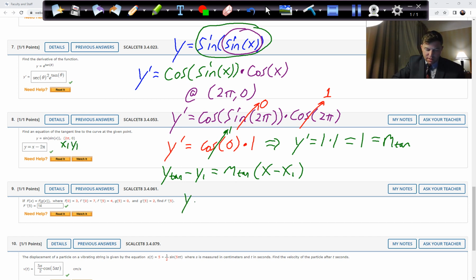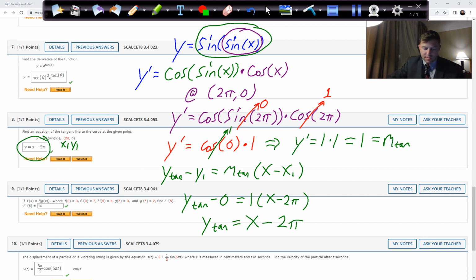So the equation for the tangent line: y minus 0 has to equal 1, the slope of the tangent line, times x minus 2 pi. Just substituting in those things. Add 0 to both sides, distribute the 1. y tangent should be x minus 2 pi. So that would be the equation for the tangent line to that original curve at the point 2 pi comma 0.